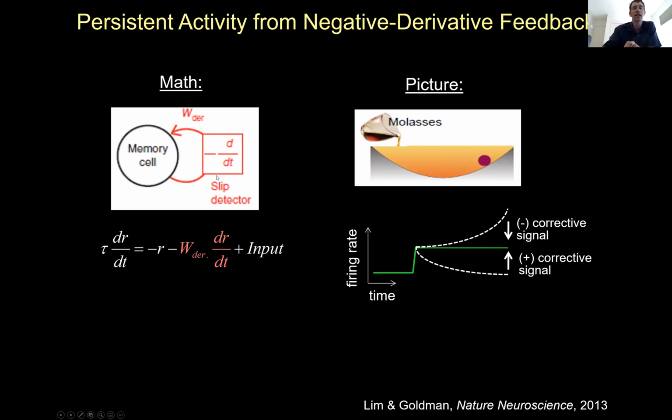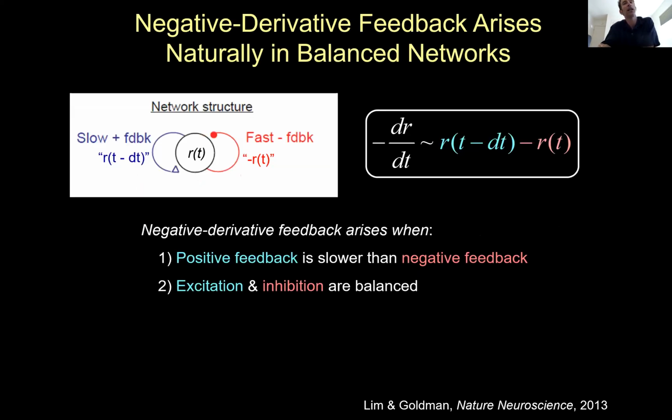Okay, so now the question is, how can this play out in neural circuitry? How can we build a derivative in the neural circuitry? A very simple architecture does this, and that's shown right here. We see a firing rate neuron characterized by its rate, r of t. Imagine that we have a slow positive feedback pathway shown here and a fast negative feedback pathway shown here.